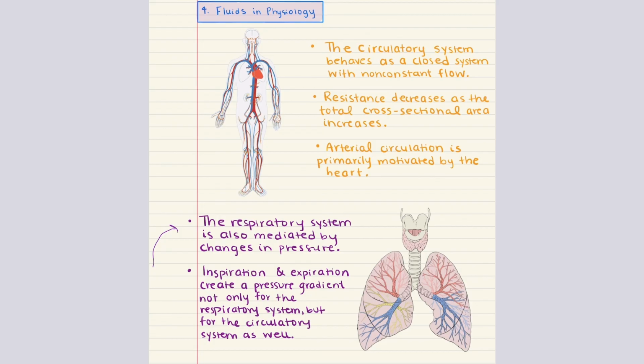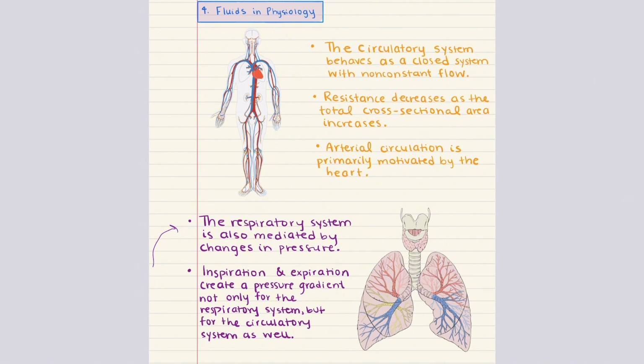These pressure changes are really important, not just for breathing, but also for the circulation of blood. For instance, the process of inhaling creates a negative pressure in the thoracic cavity, which helps draw blood into the large veins returning to the heart. This demonstrates how the respiratory and circulatory systems are also interlinked.